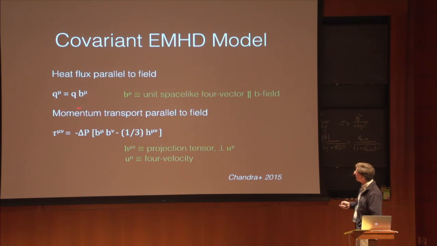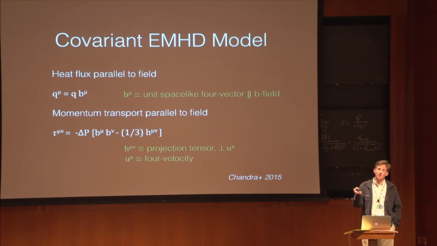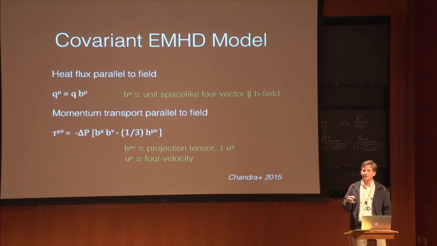So that tells us the direction of the heat flux. And then we have the possibility of momentum transport parallel to the field. And that's incorporated in a stress energy tensor that looks like this, which those of you who are non-relativistic plasma physicists will recognize as looking like the pressure tensor from Braginskii theory. Okay.